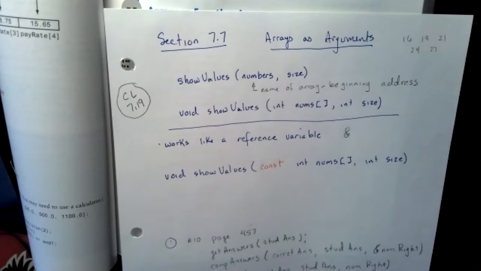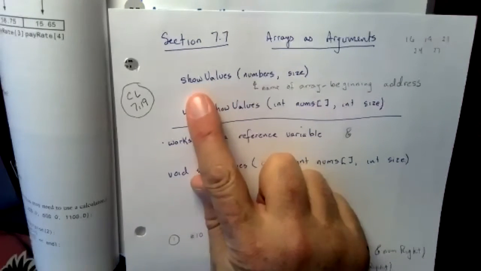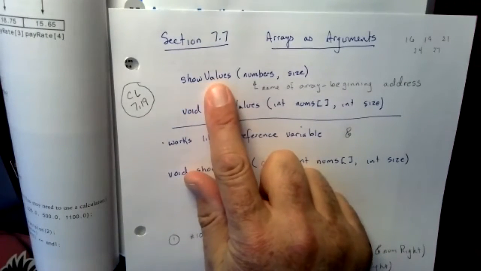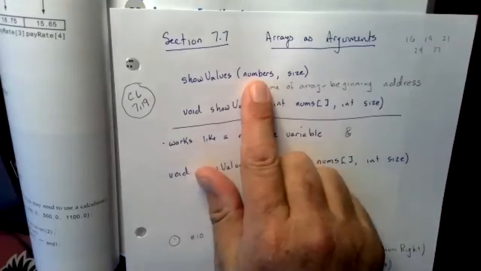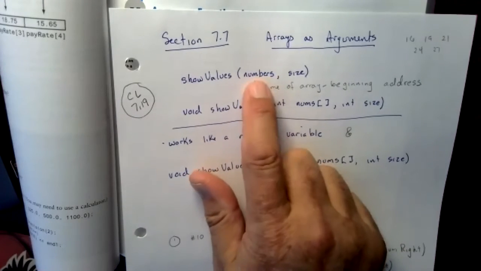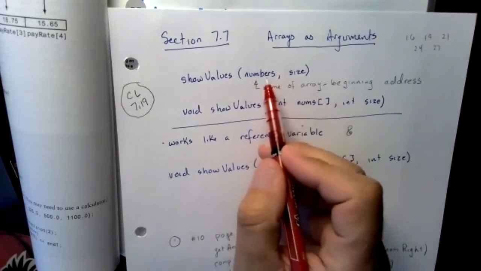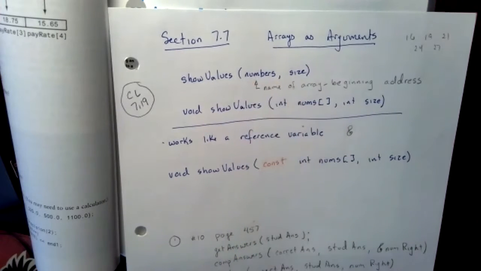All right, so an example of passing an array. If I have a function called show values, I want to pass in this array, the array called numbers. Notice when I pass it, it's just numbers. This is my argument. And again, remember what an array is.